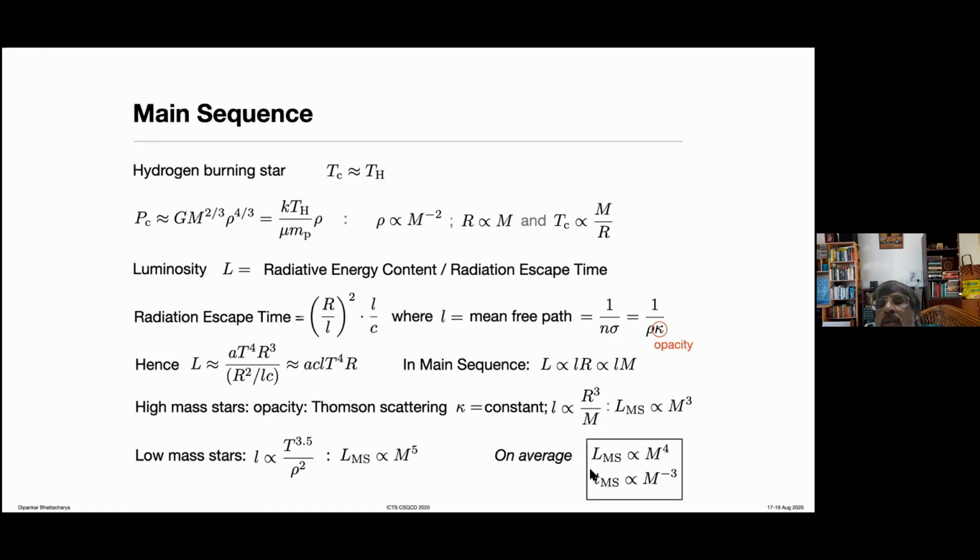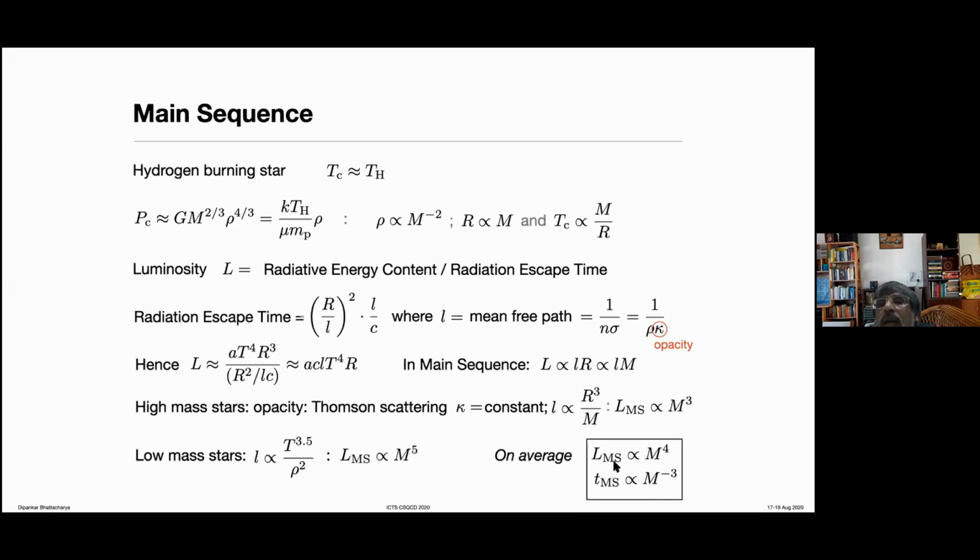So the total energy available is that fraction of the star which is actually going to do nuclear fusion. So let's call that some fraction eta. So eta times m times c squared times the efficiency of converting mass to energy through nuclear process. Let's call that epsilon. So this whole quantity is proportional to m.